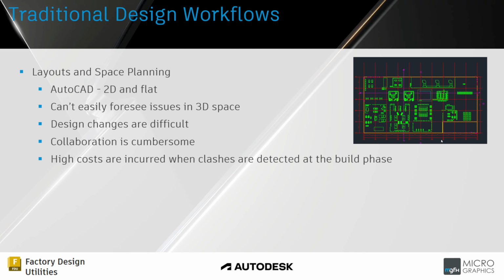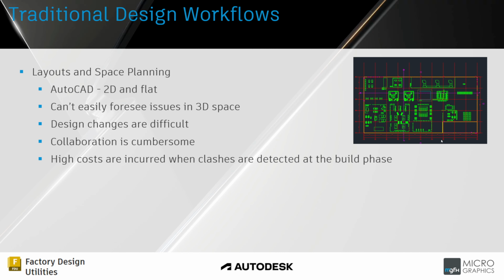And as I said, there are high costs incurred when the clashes are detected in the build phase. So really, we want to have everything sorted out in the design phase, because at the build phase, we're on tight deadlines, and the money's running out, and we've got to make a plan. So what can we do to get rid of those 2D problems?